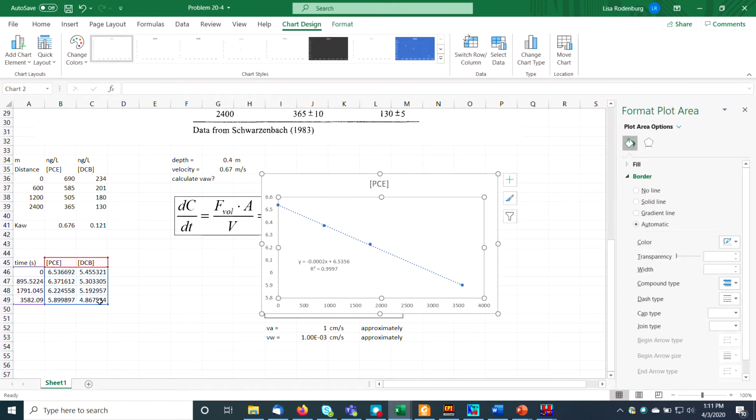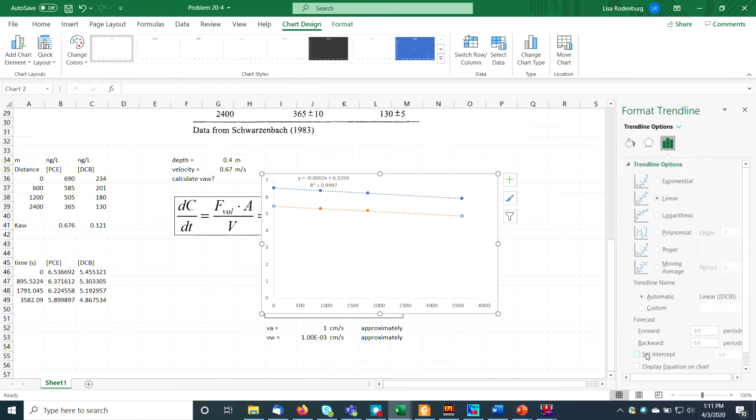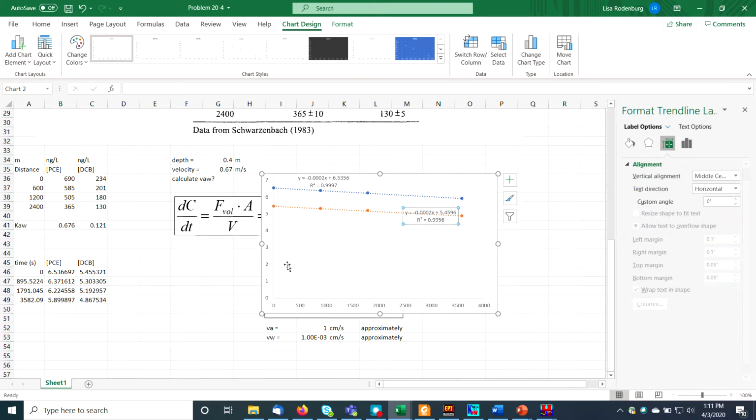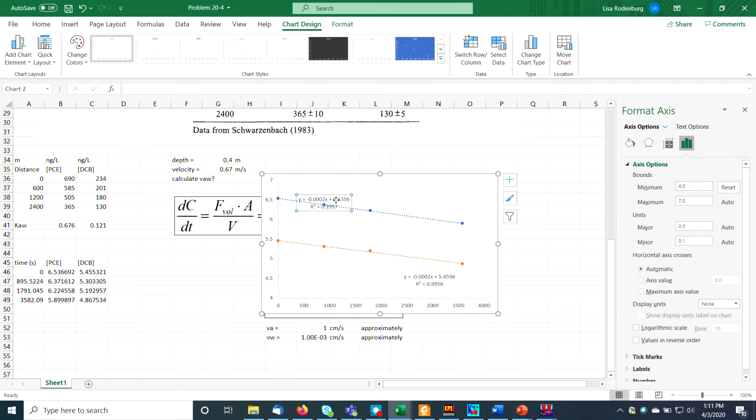Let's add the dichlorobenzene to this plot. Also add the trend line there. And again, R squared is 0.995. And just to be really annoying, I want to fix my axes so that this looks a little bit nicer. There we go. That looks lovely. Doesn't that look nice?